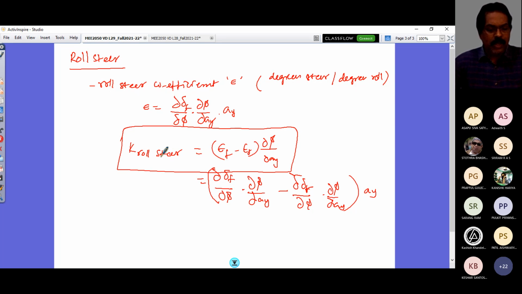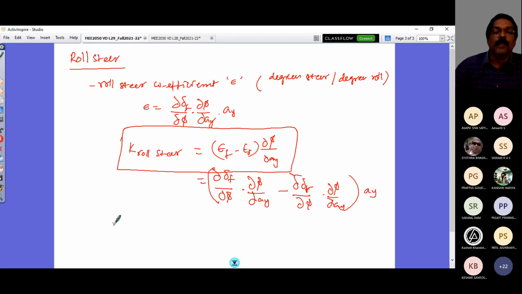This roll steer coefficient, this epsilon value, can be positive or negative. The positive value of this causes the wheels to steer to the right in a right hand turn. That means what? Right hand roll, not right hand turn, right hand roll.